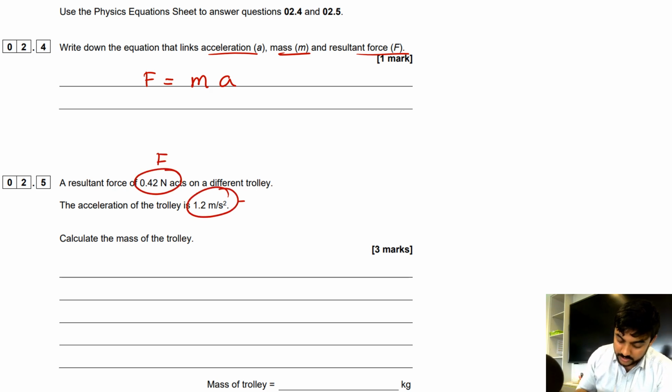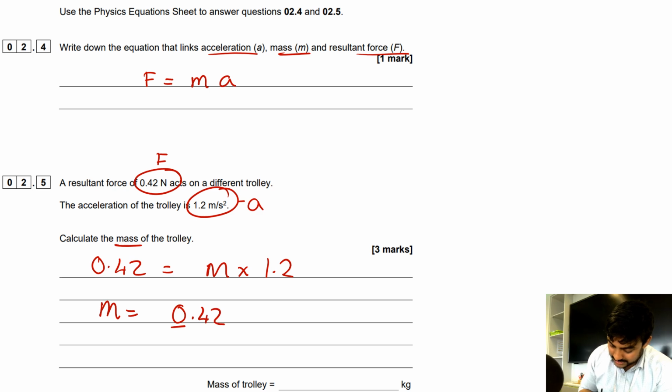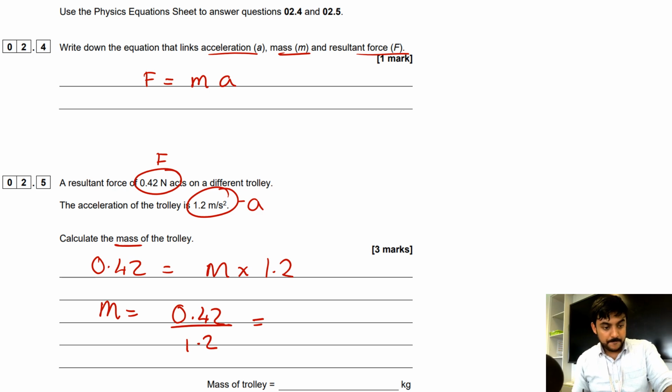That's my acceleration, which is given, and calculate the mass. 0.42 is equal to mass times 1.2. Mass is equal to 0.42 divided by 1.2. Gives you an answer of 0.35 kilograms.